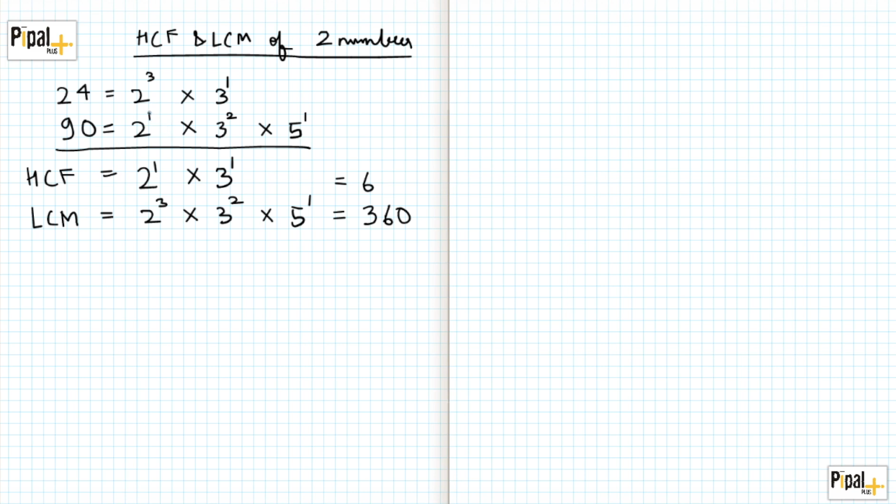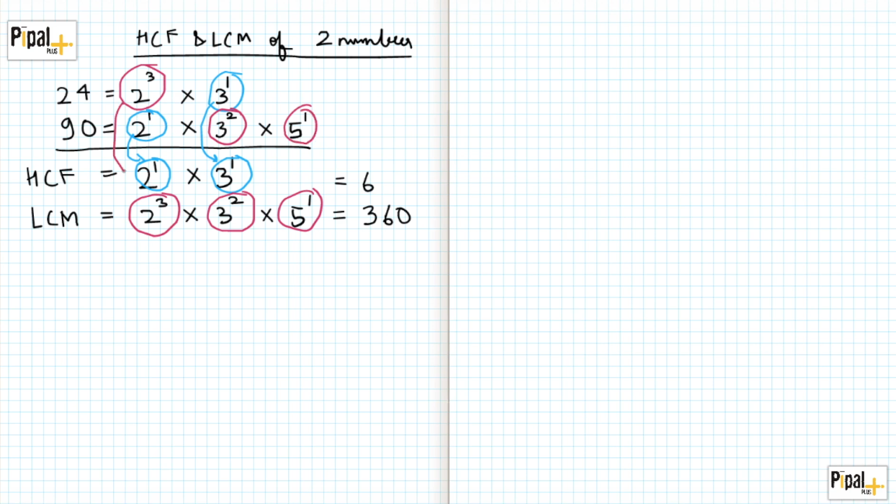Now you notice that 2 to the power 1 and 3 to the power 1 come directly from here and here. And I'll use another color now. 2 cube comes from here, 3 square comes from here, and 5 to the power 1 comes from here.